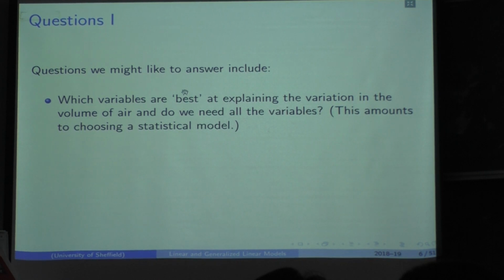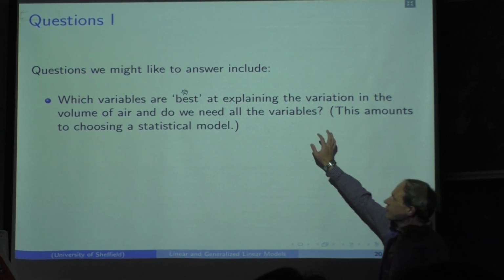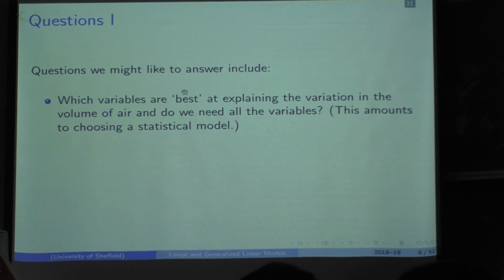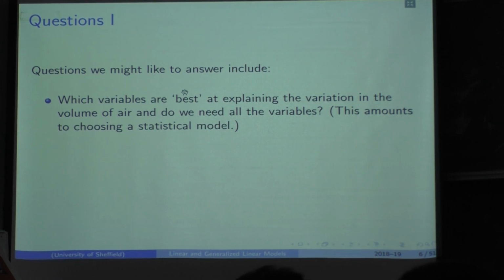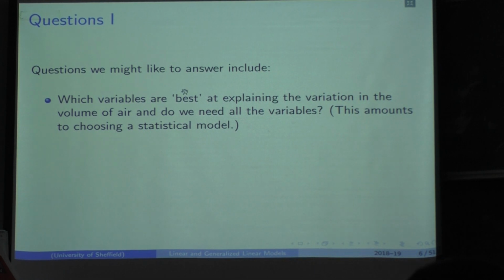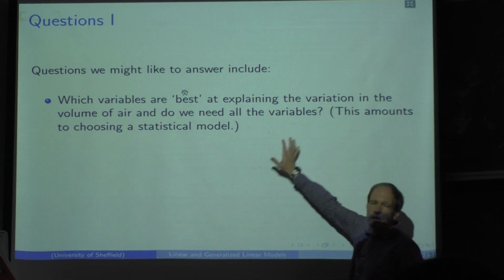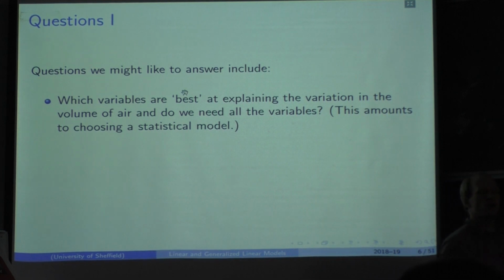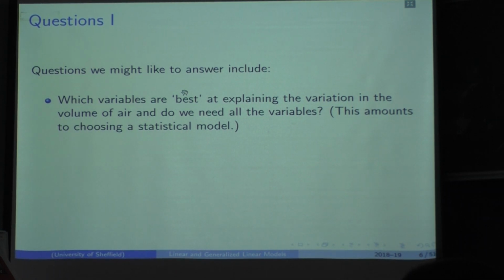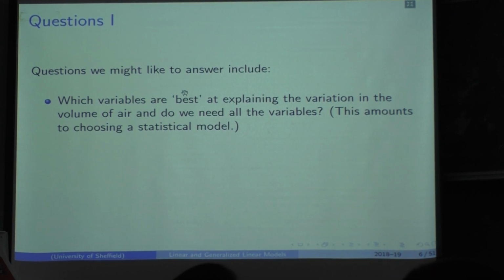Okay? And straightforward question, do we need all the variables? For example, do we need the exposure to pollution? Do we need which part of the UK they live in? Okay? So this process is essentially we're choosing a model for our data, which ones of the potential explanatory variables actually are useful explanatory variables.